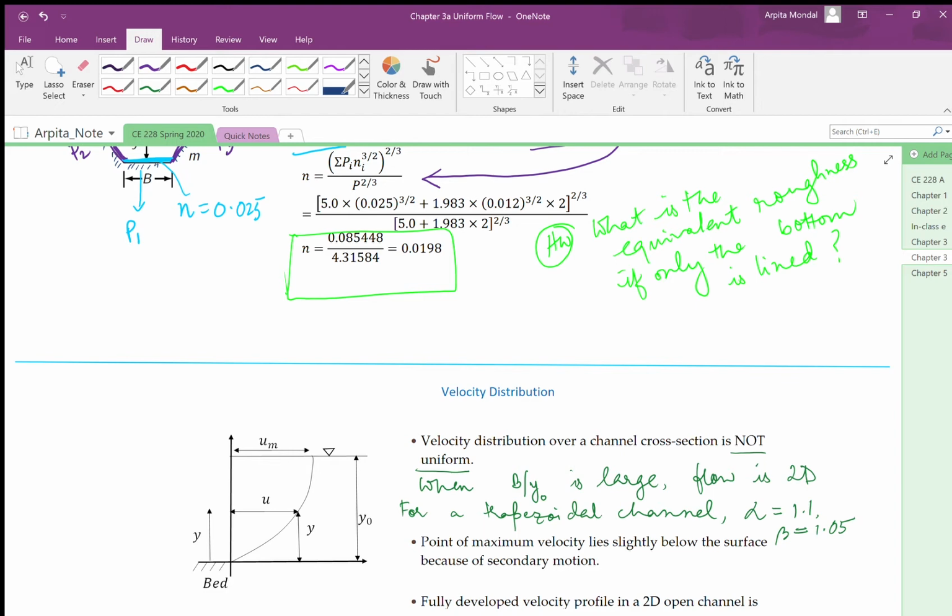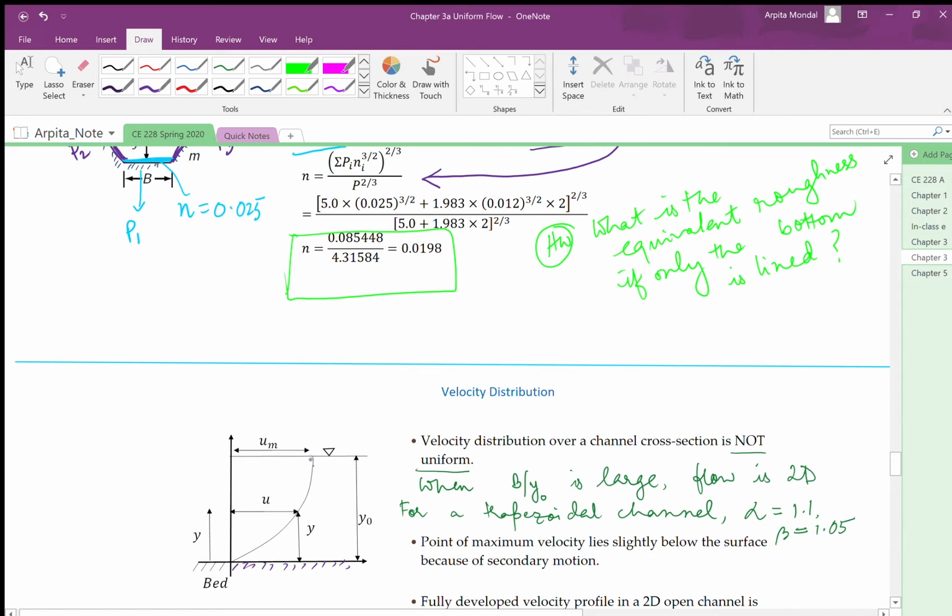In fact, if we look at how the velocity distribution would look in reality, if we have the channel bed given by the bottom axis, and if y denotes the depth of flow starting from the bed, then the velocity profile is not linear, as we can see. The maximum happens not exactly at the surface but slightly below it.